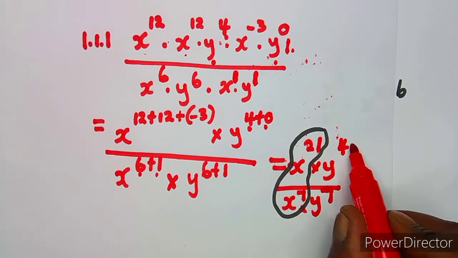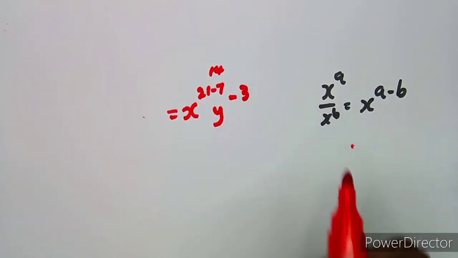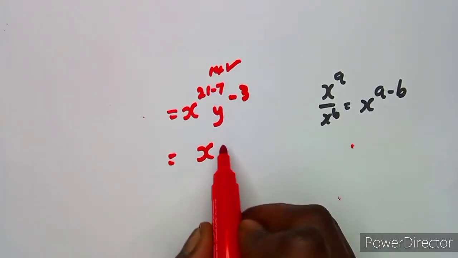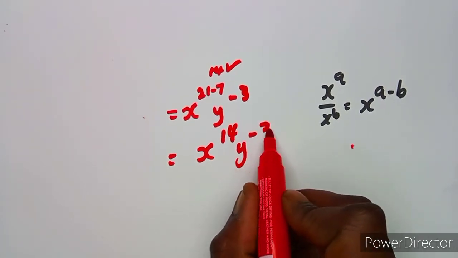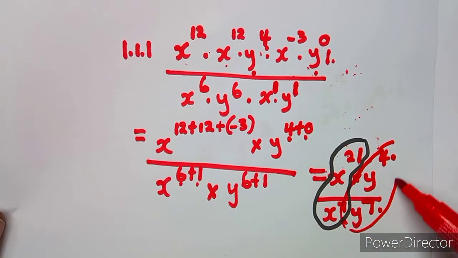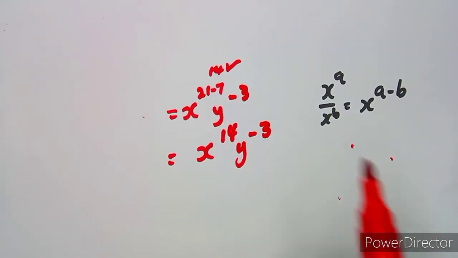Then y is the same also, it's 4 minus 7, which is minus 3. So it's x to the exponent of 14, y to the exponent of negative 3. These two are dividing, so they subtract 4 minus 7, which is negative 3.